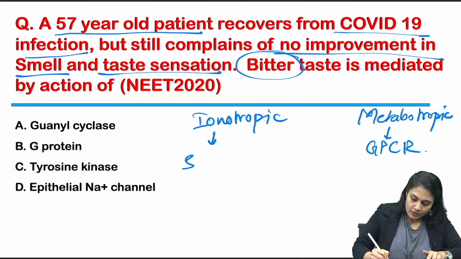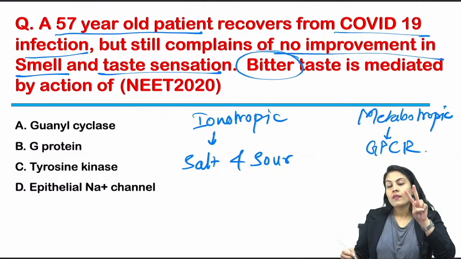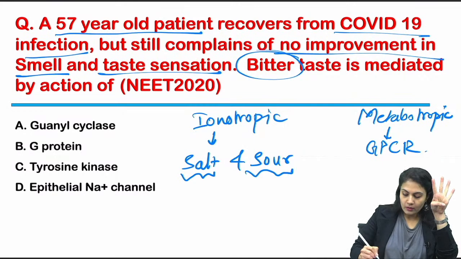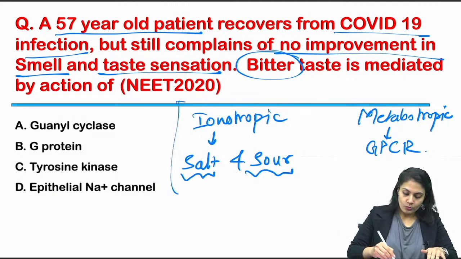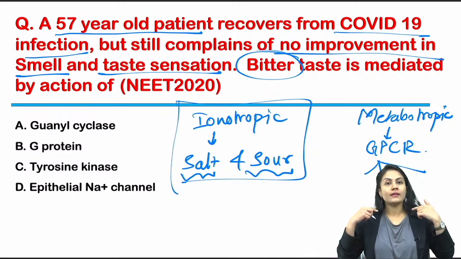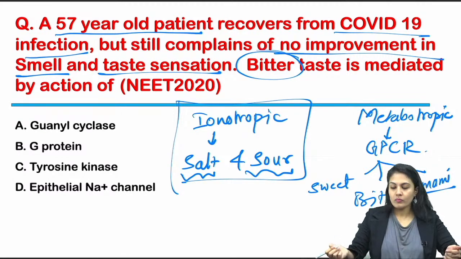But please remember, salt and sour, these two taste sensations, they are having four alphabets. So please remember, if I'm going to ask about ionotropic, only these two are ionotropic, and the rest, which are having more than four letters, that is sweet, bitter and umami, right?